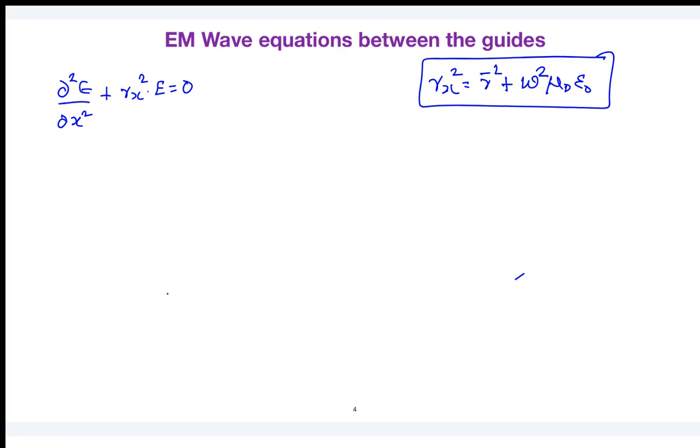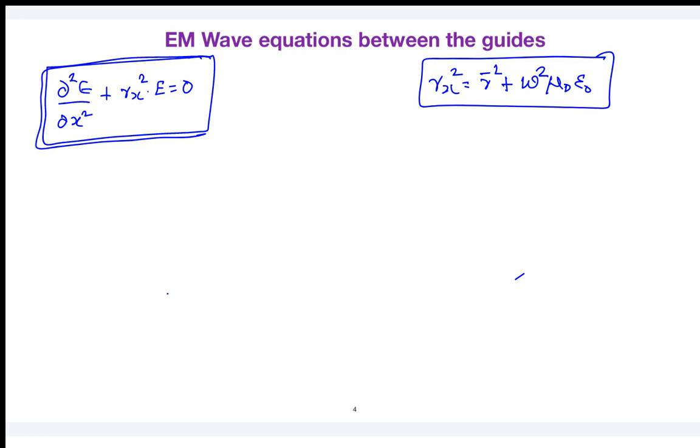Now you have this differential equation, and what you do is try to solve this differential equation and give me an equation for the electric field. So please do that.